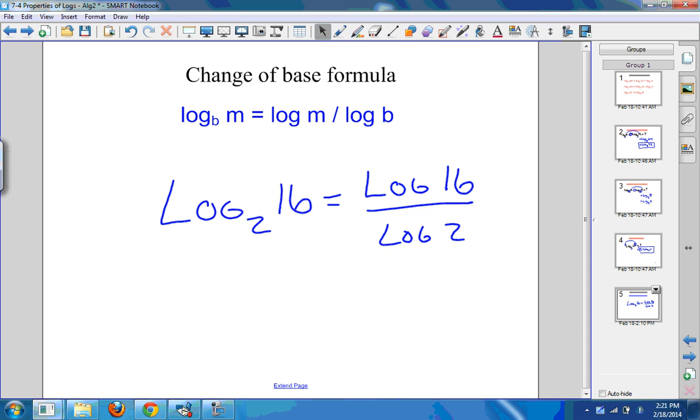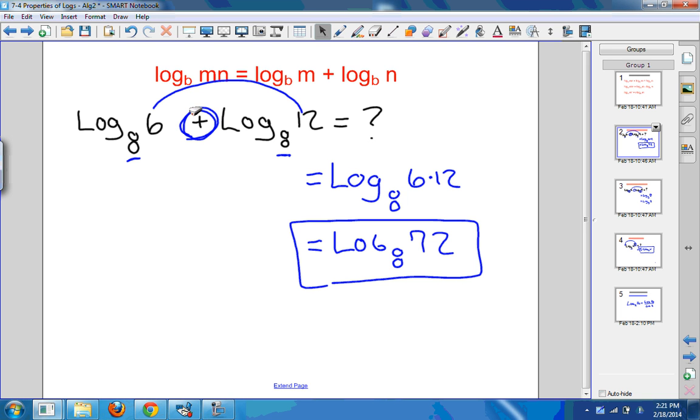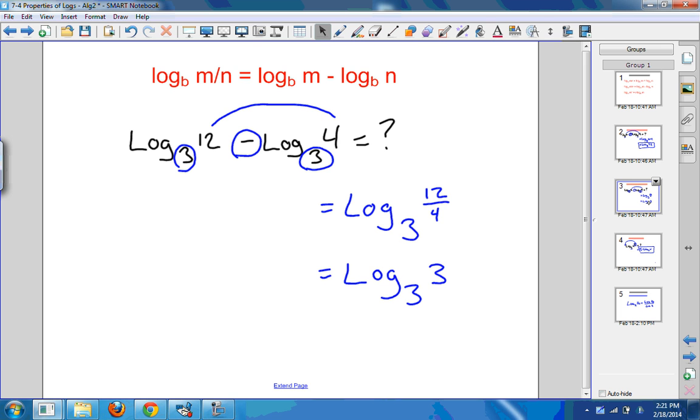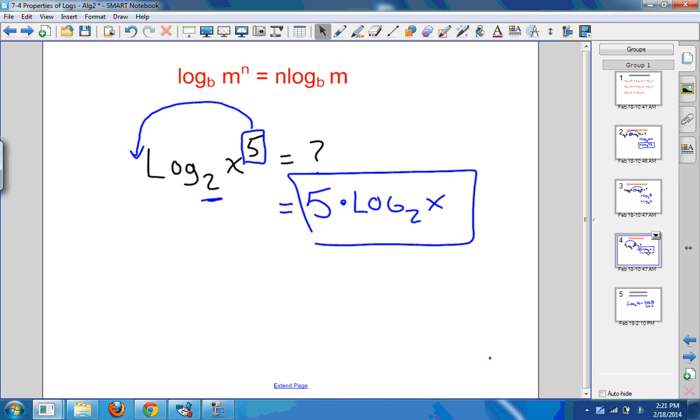All right, so quick review. When we add logs together with the same base, we can multiply what's inside. When we subtract logs with the same base, we divide what's inside the log. And if we have an exponent, we can move it to the front of the log.